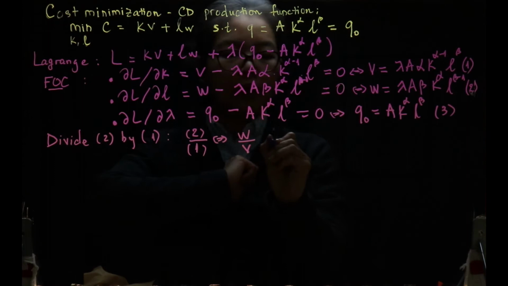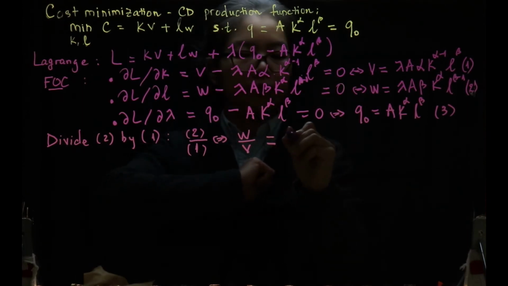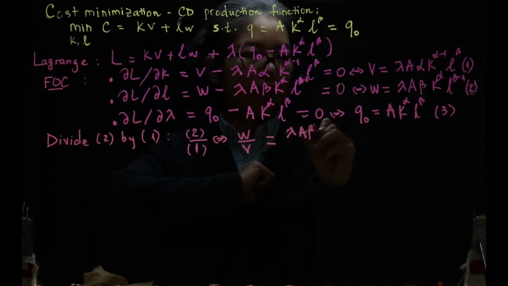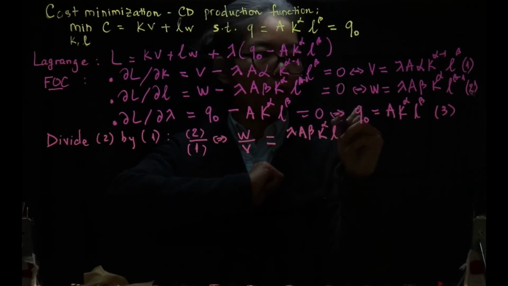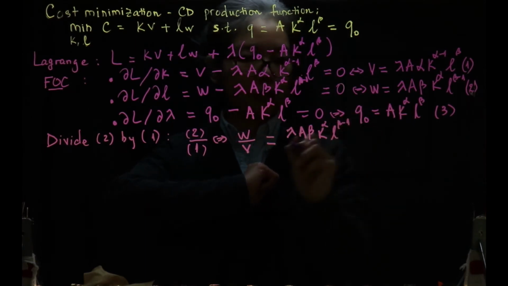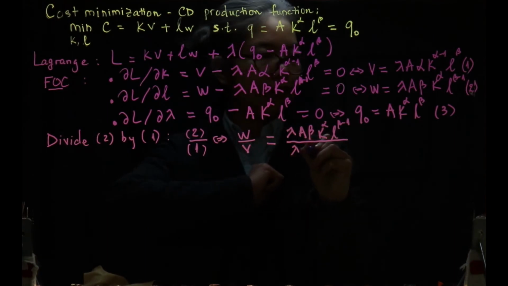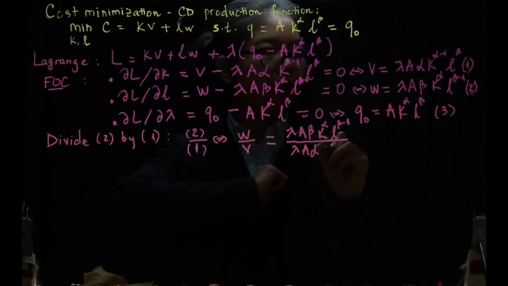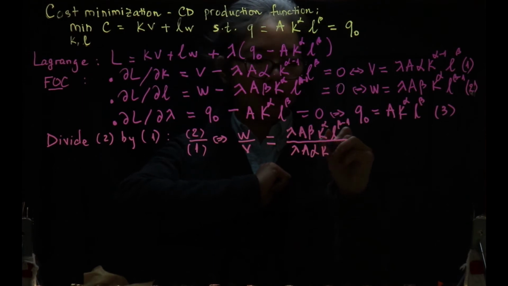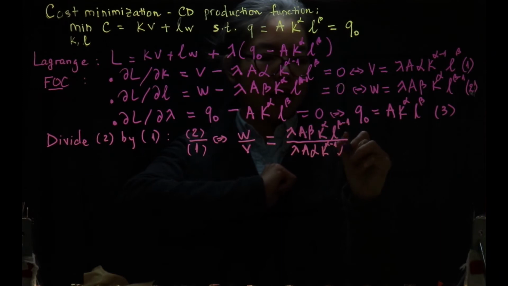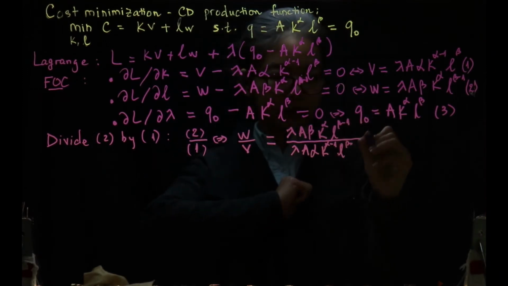W over V equals lambda A beta K to the power of alpha L to the power of beta minus 1, divided by lambda A alpha K to the power of alpha minus 1 times L to the power of beta, right?